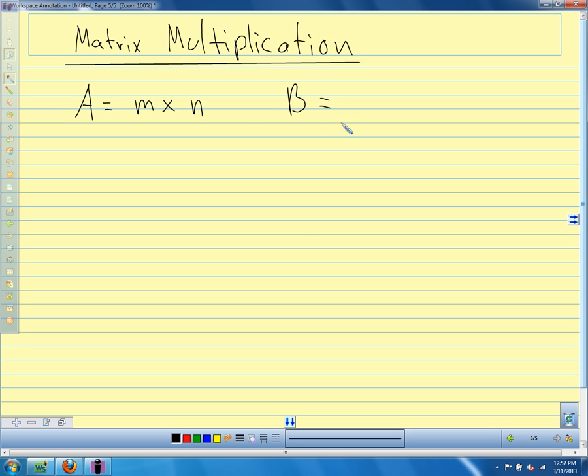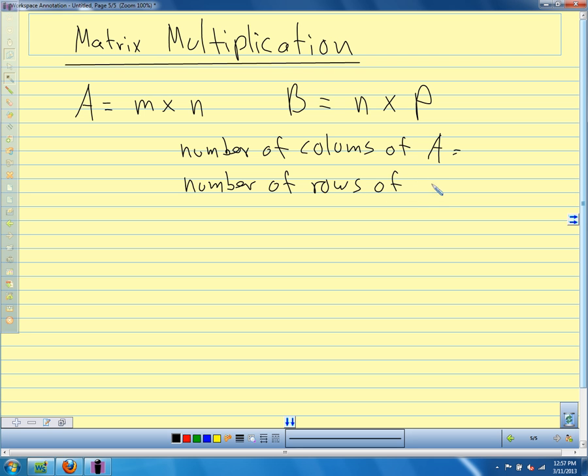B has to be n by p. The number of columns in the first matrix has to equal the number of rows in the second matrix. If these aren't equal, then we cannot multiply the matrices.